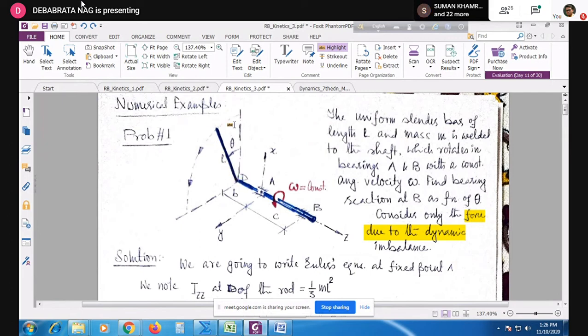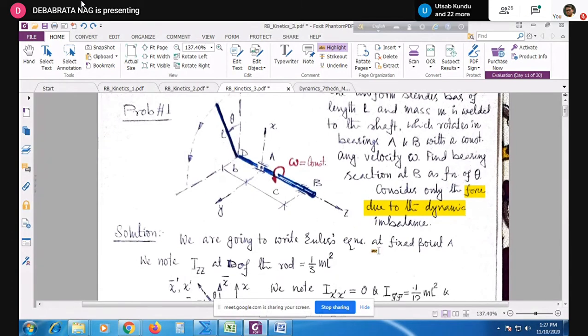So the rod is rotating in the plane which is the xy plane. If the x axis, y axis, z axis are shown like this, then this rod is rotating in a plane parallel to this xy plane. So the entire thing is rotating about this z axis.